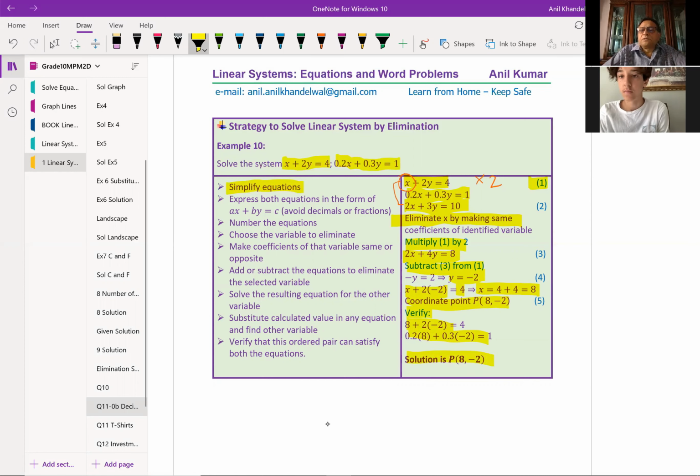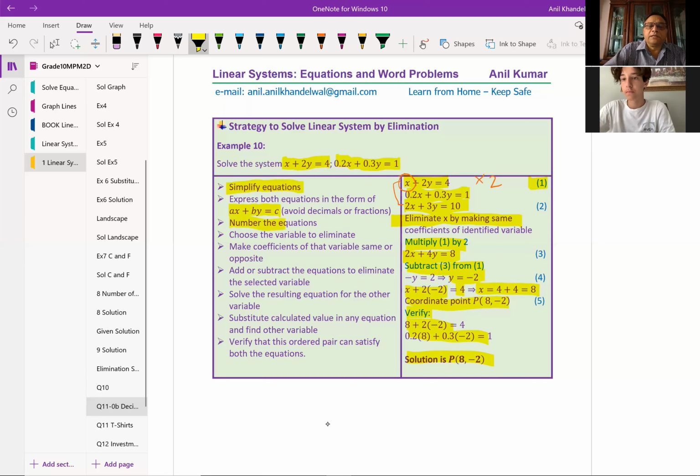So these are very simple steps to adopt, but if you adopt them like shown here, you're sure about getting the right answer, right? So once again, simplify your equation as we did in this particular case, multiplied by 10 the second equation, avoided decimals. Then we wrote both the equations in the form of ax plus by equals c.